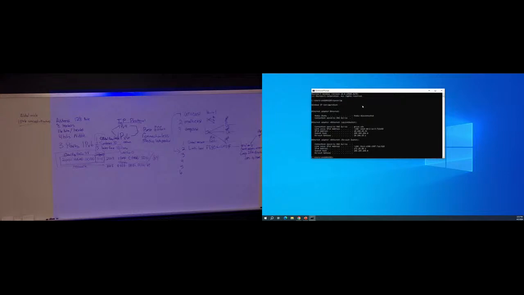Does everybody see their link local address, the FE80? Every network device, every host device will get its own IPv6 link local address if IPv6 has been enabled, which in this case it has.